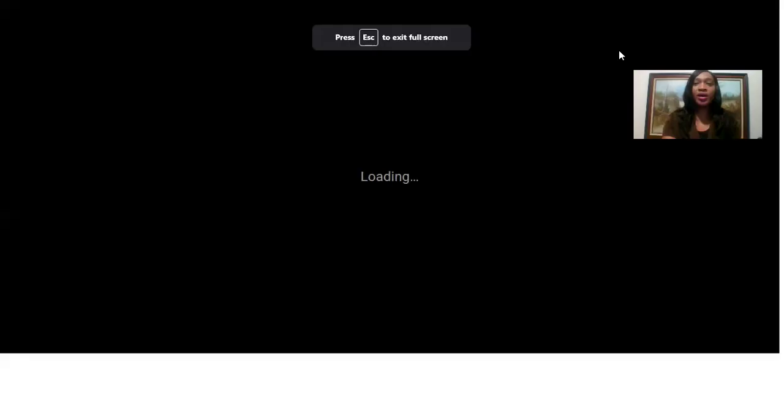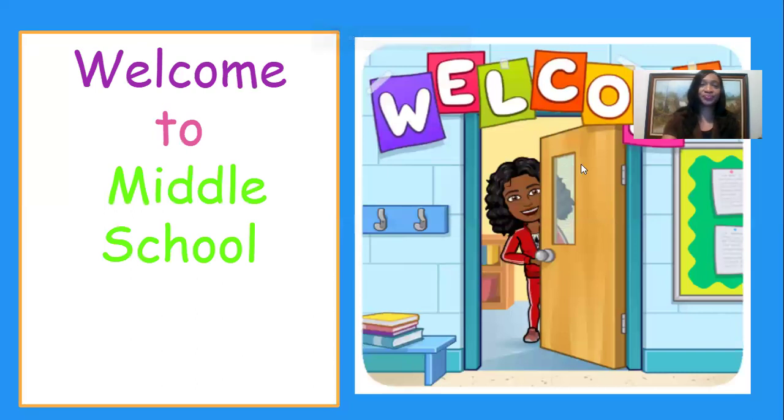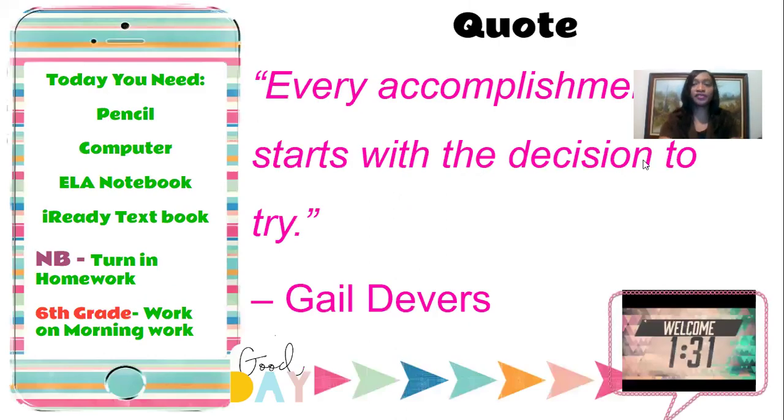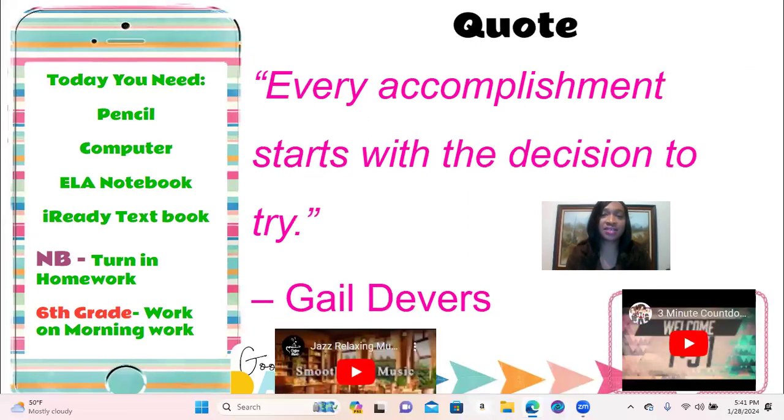All right, so welcome to middle school. Let us follow our learning pathway for today. And our quote for today is, "Every accomplishment starts with the decision to try," by Gail Devers.